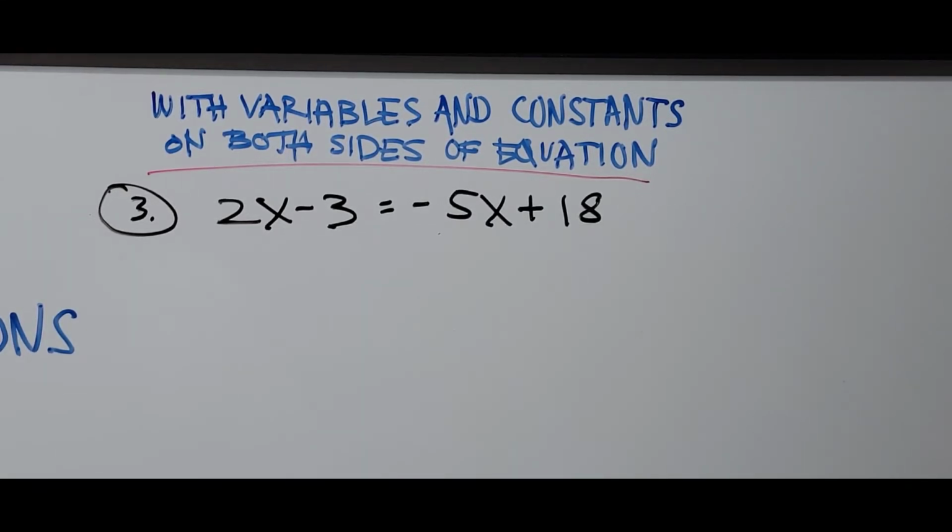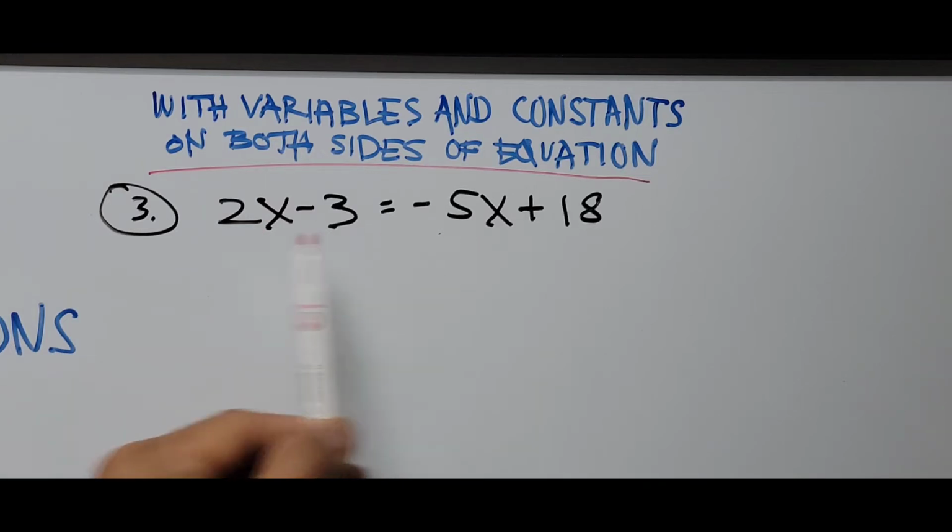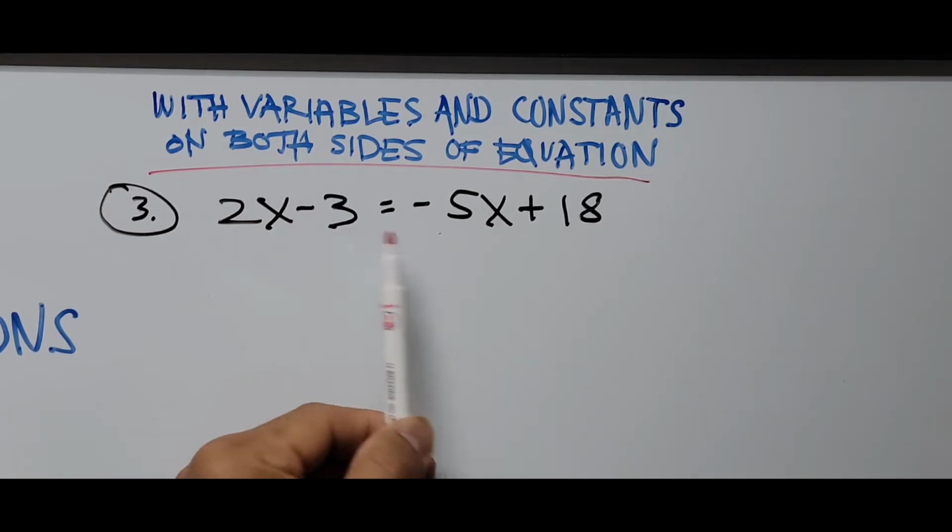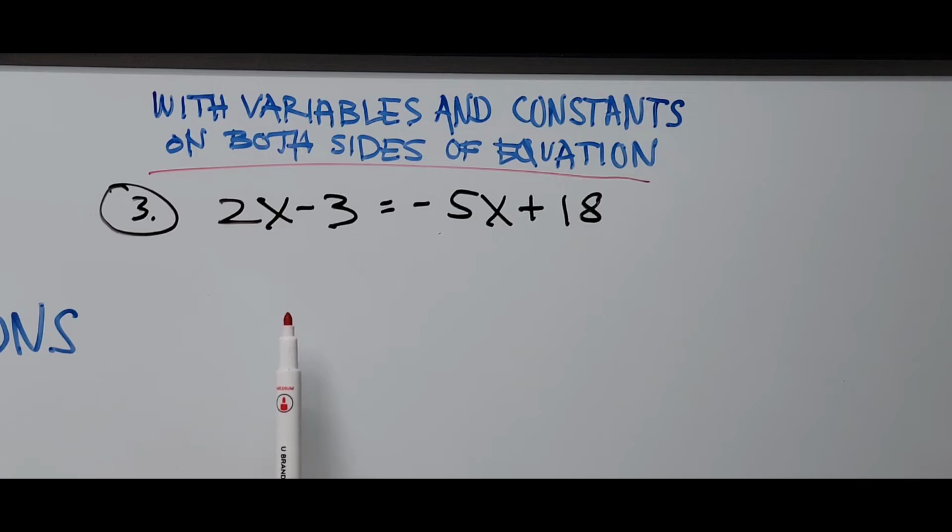This is a multi-step equation again, solved the same way. If you notice, we have variables and constants on both sides. So the first step is to isolate the variable, and we can do it on the left or on the right, either way.